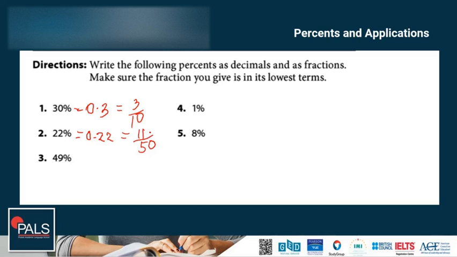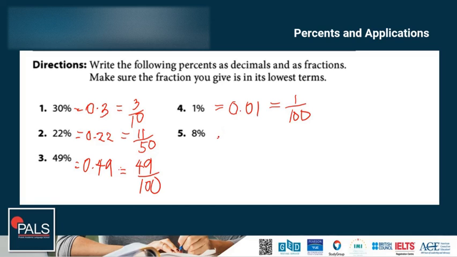Number 3, 49% is equal to 0.49 as a decimal and 49/100 as a fraction. Number 4, 1% is 0.01 in decimal and 1/100 as a fraction.